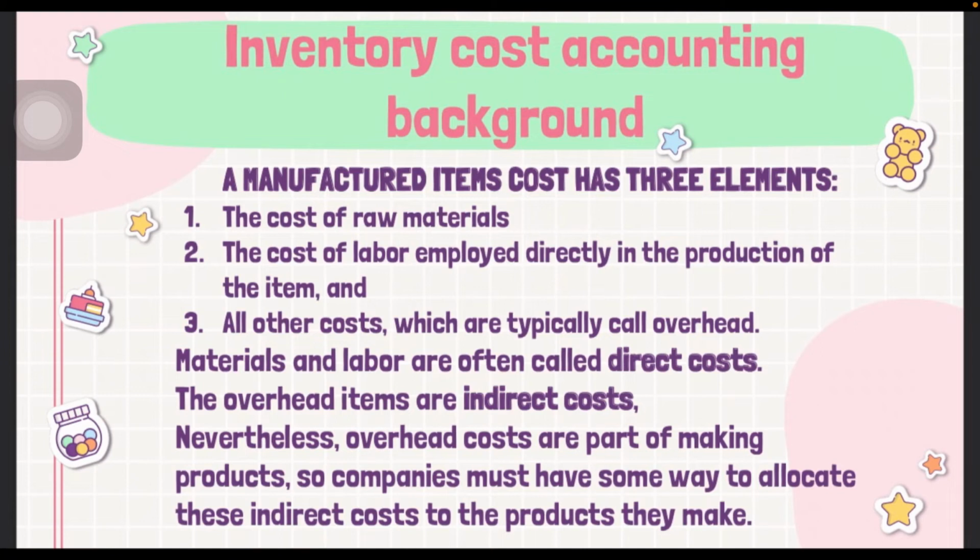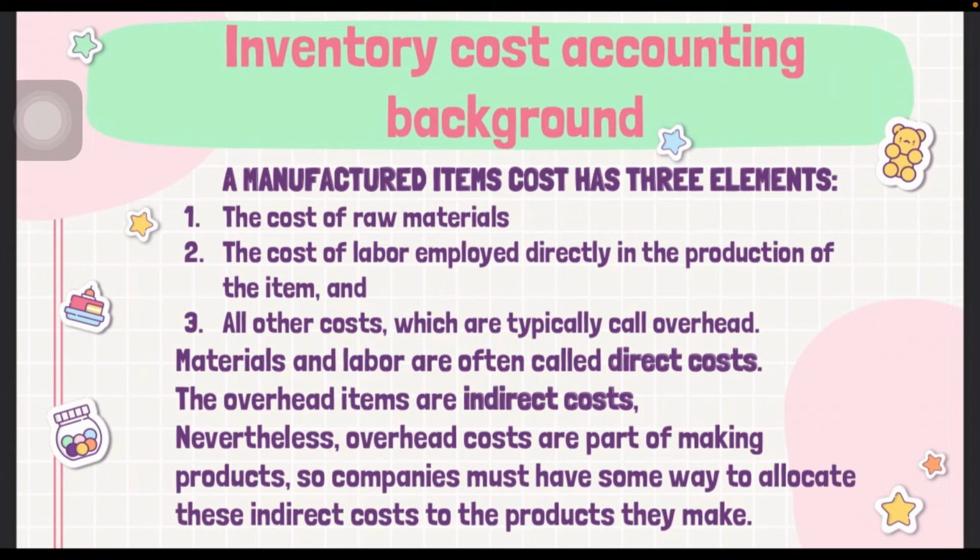Manufacturing overhead costs include factory utilities, general labor, which is the security guards, factory manager's salary, storage, insurance, and other manufacturing related costs. Material and labor are often called direct costs because the constituent amounts of each in a finished product can be estimated fairly and accurately.